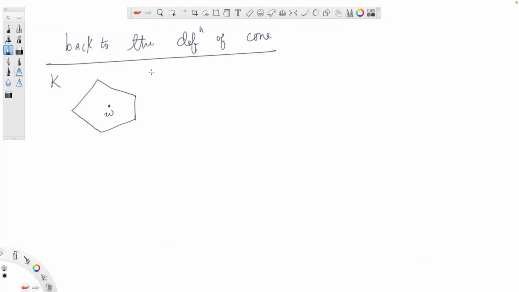So K is a one-dimensional complex in R2, the Euclidean space in 2 dimensions.